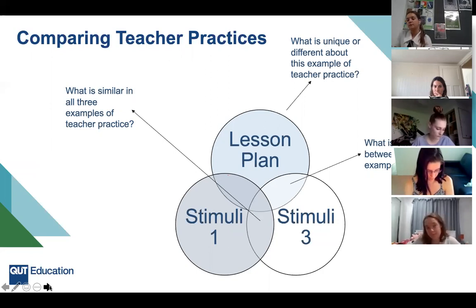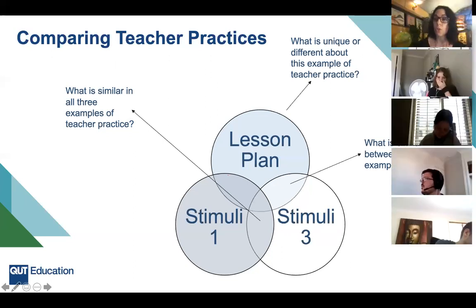Make sure you fill out this Venn diagram. Hopefully everyone has them there, or at least you would have your notes from what we've just gone through from each of the clips, of the different teacher actions.